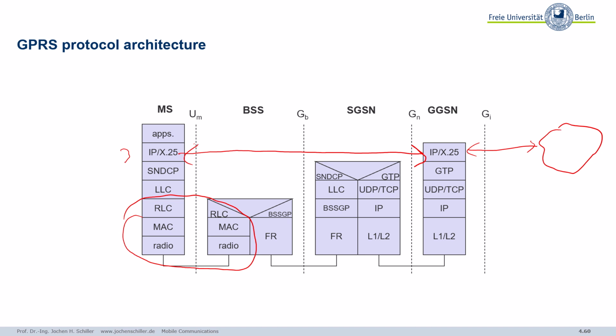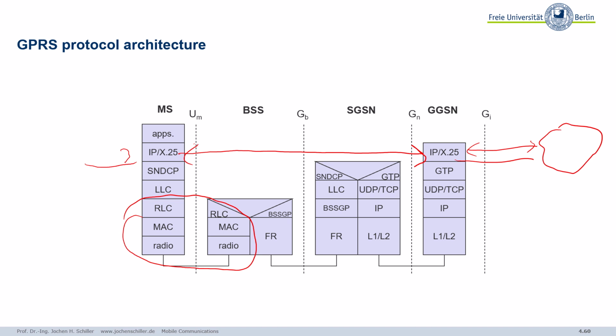So now we can transmit IP packets from wherever in the world using the routers inside the GPRS network, forwarding the packets to the mobile station. So this is where your layer 3 from the internet starts. Underneath this layer, we have several more protocols, and you see this increases the complexity, a lot of encapsulation.